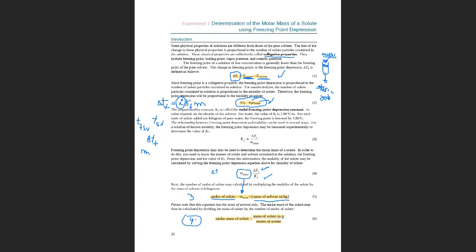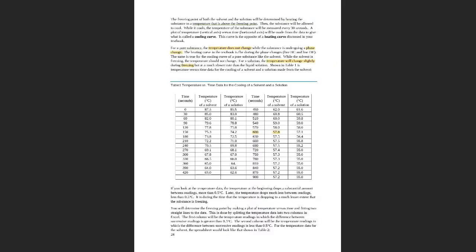It is the mass of solute in grams divided by the moles of solute. The moles of solute come from the previous step, and the mass of solute is given. So this is basically a quick overview of what you have to do in this experiment, and we will now walk step by step through how to do it.